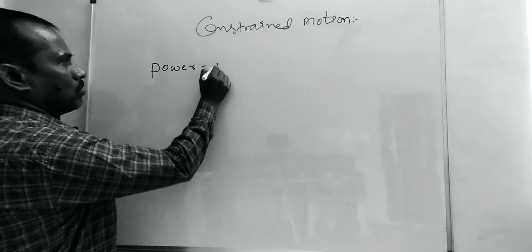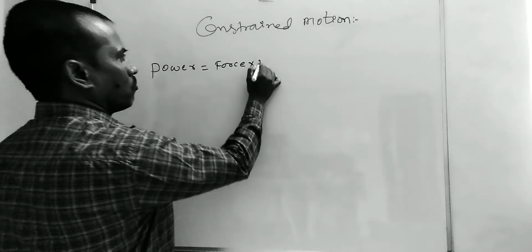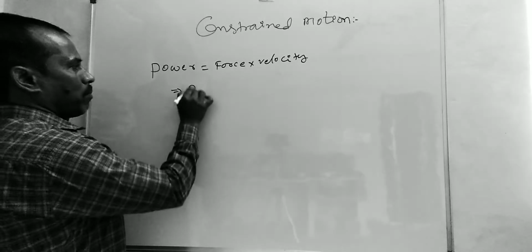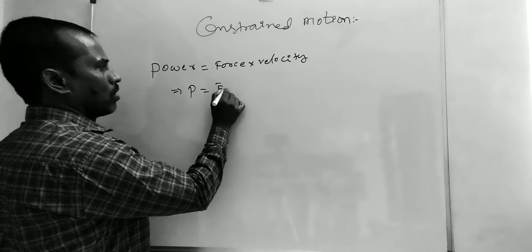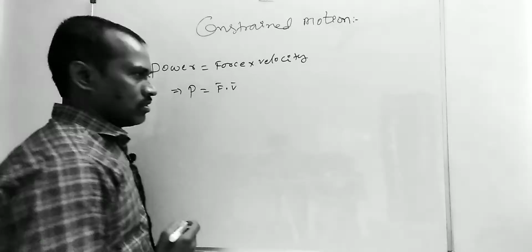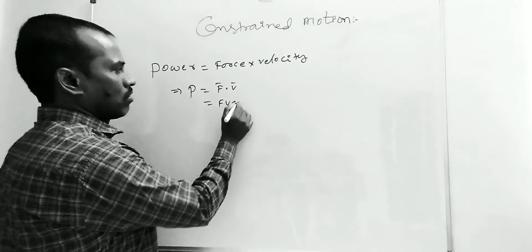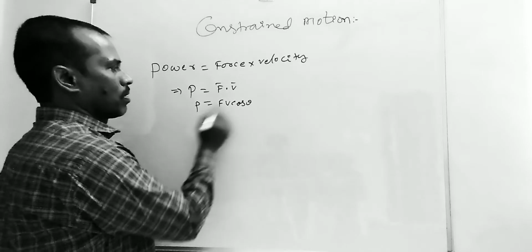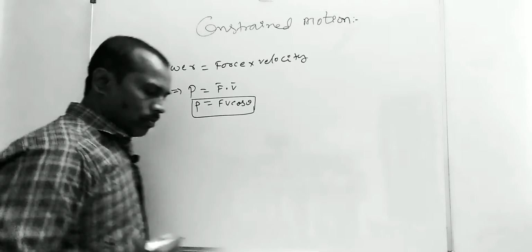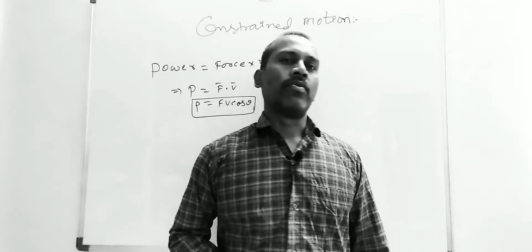Power is equal to force vector dot velocity vector, that is, P = F̄ · V̄. This is the power. Power is equal to F V cos theta. This is the power formula. Here theta is the angle between force and velocity.